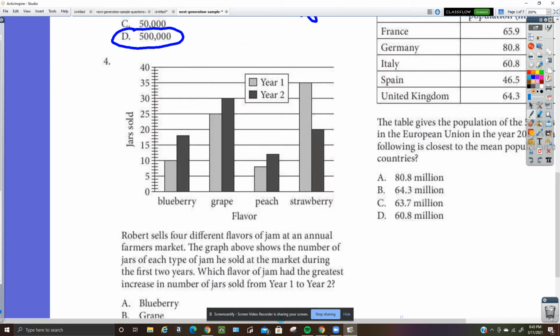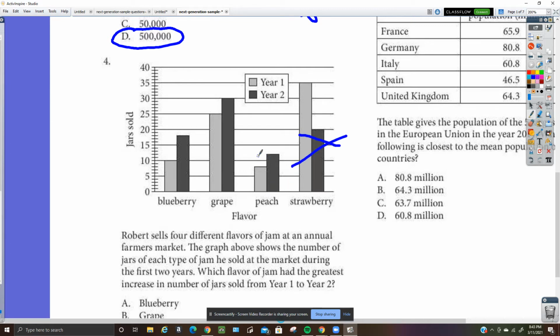And Robert sells 4 different flavors of jam at an annual farmer's market. The graph above shows the number of jars each type of jam sold to the market during the first 2 years. Which flavor of jam had the greatest increase? So this one has an increase. This one, strawberry, can eliminate. That one decreased.